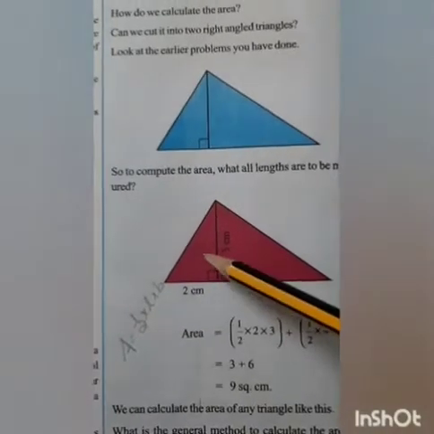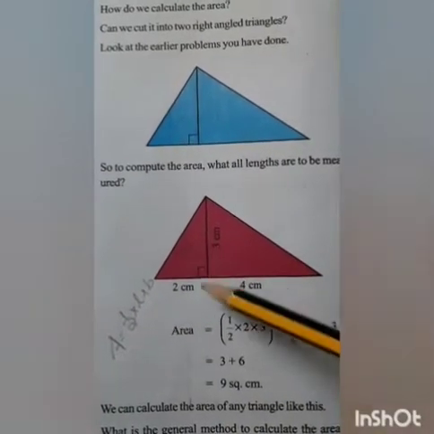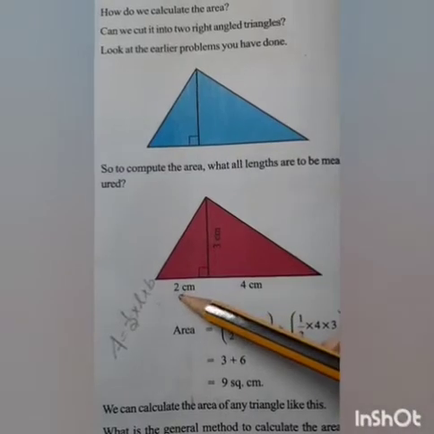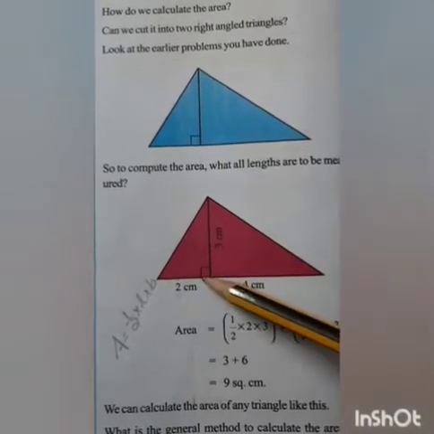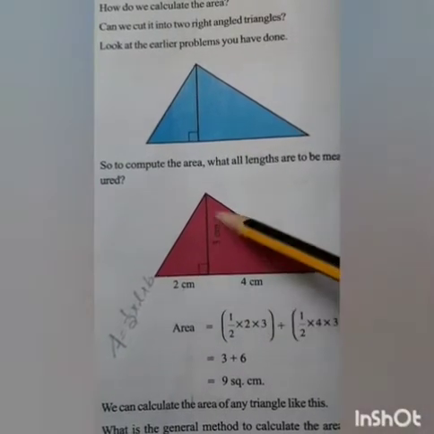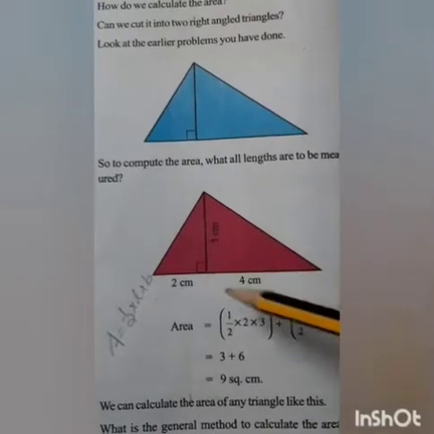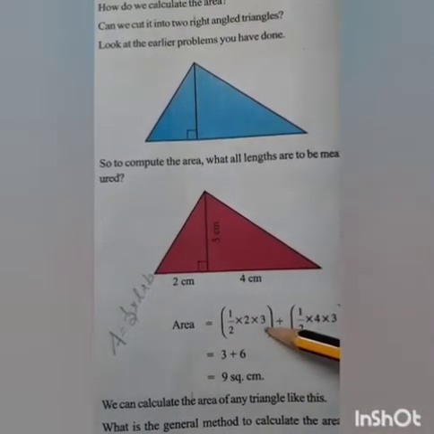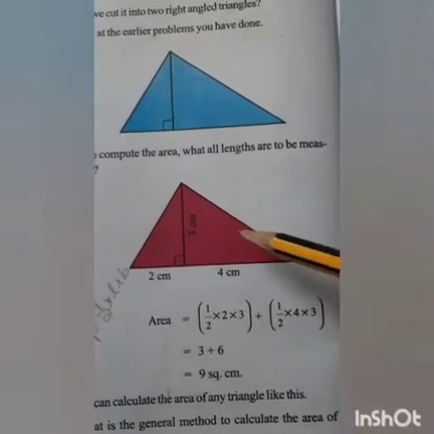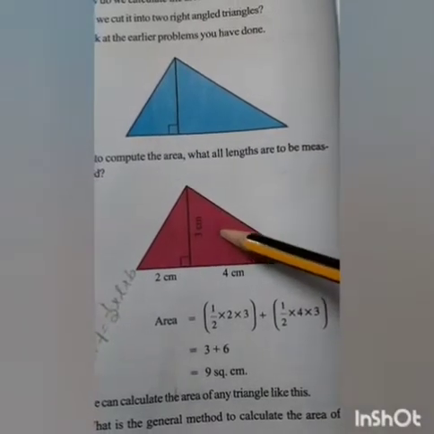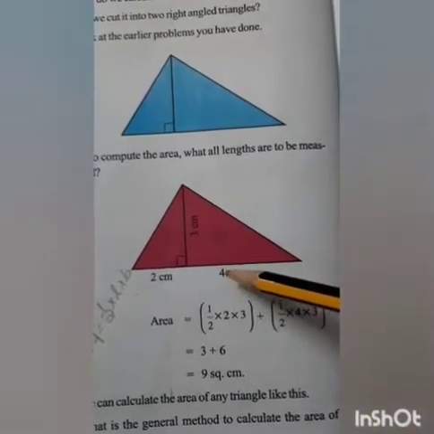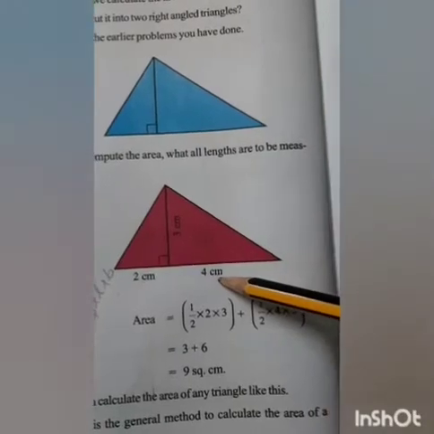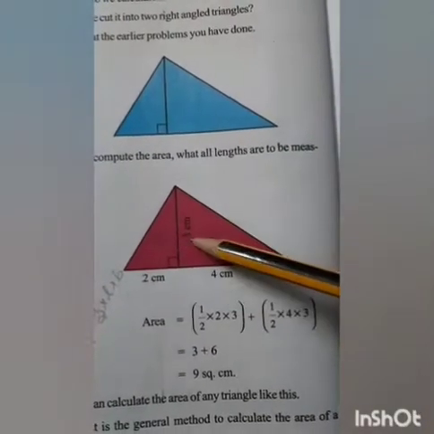So in the case of the first triangle, what is the area? Half into the base length 2 into the perpendicular side 3. So half into 2 into 3, plus the next triangle, half into base length 4 and the perpendicular side 3.